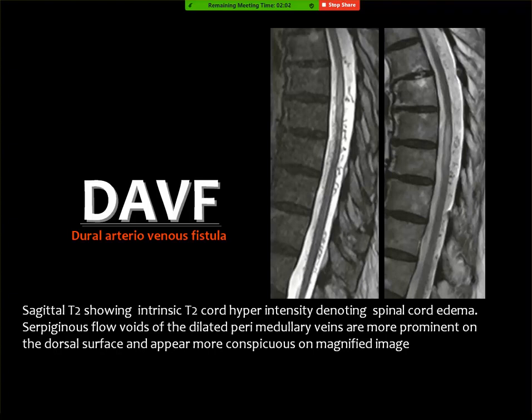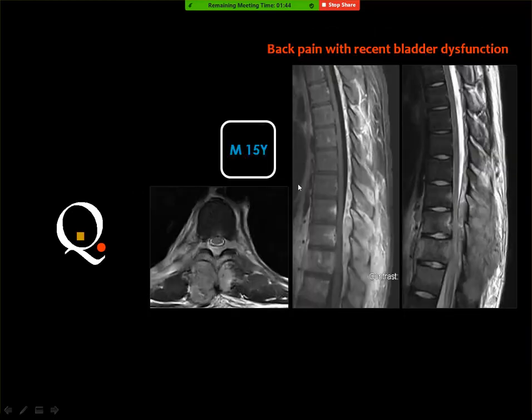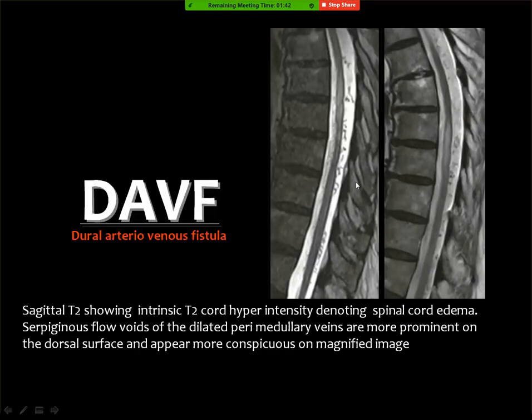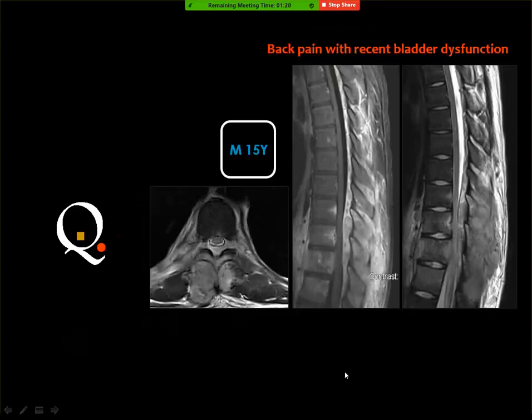Then most of the clinicians could not appreciate this abnormal finding. He had a lot of MRIs before and after contrast with diffusion, and it's all what you can imagine. And if you see these vessels in the subdural space, and you see changes in the cord, you should know that this is dural arteriovenous fistula.